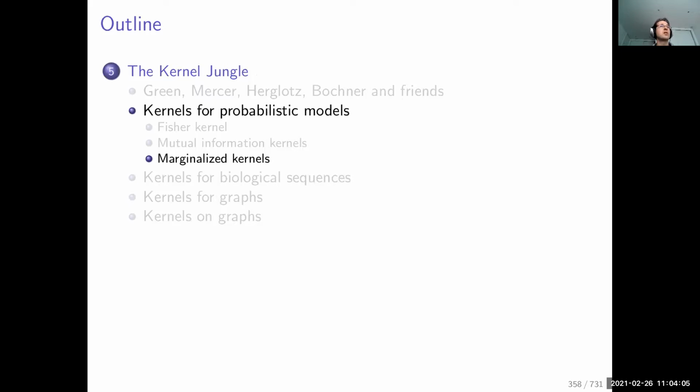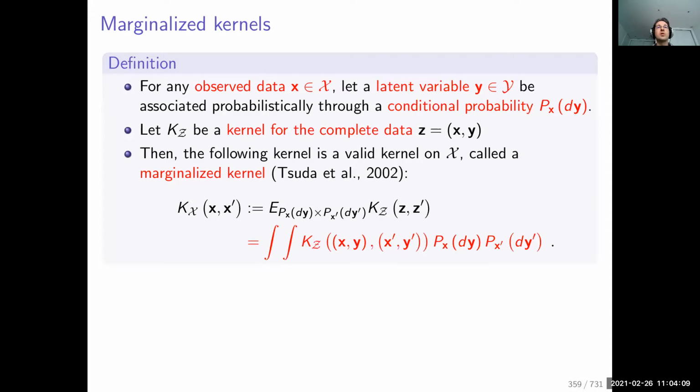And let us look at another one, which is also interesting because there were also nice applications for probabilistic models, sorry, for biological sequence modeling. So this is a kernel that is useful when you have observed data and latent variables that are associated to some conditional probability distribution.